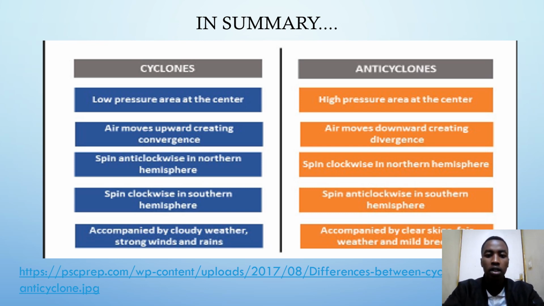That is the first difference, as in the first point previously. The next one is that cyclones spin clockwise in the southern hemisphere, while anticyclones spin anticlockwise in the southern hemisphere.